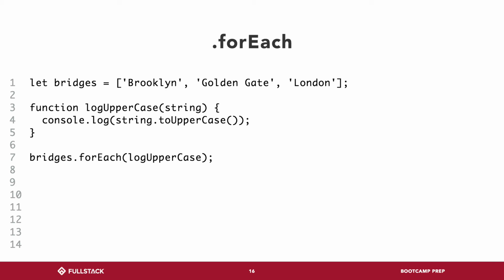If bridges was a nested array, would logUppercase have to take an array as a parameter?